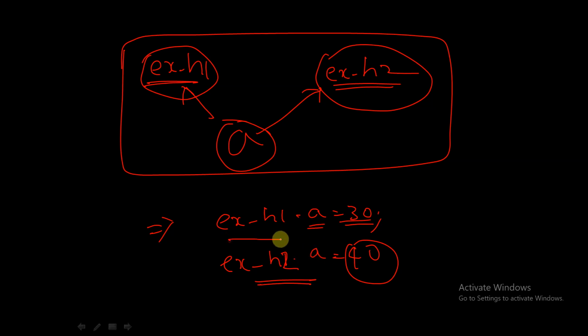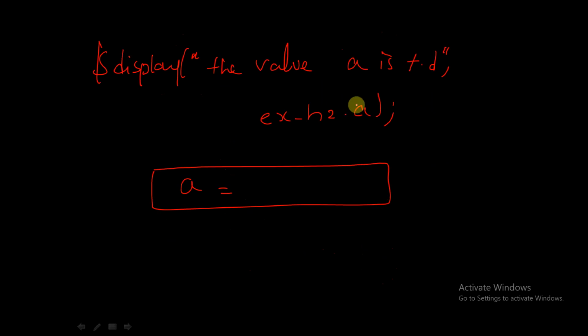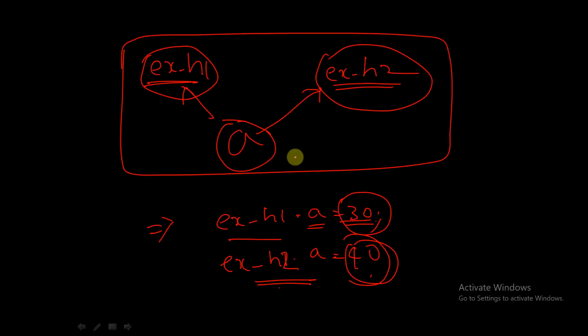So if we write ex_h1.a equal to 30 and ex_h2.a equal to 40, this 30 will be replaced by 40, and in the two display statements you will get a is equal to 40 and a is equal to 40. Since a is shared by the two objects, because a is declared as a static variable. Is it clear?